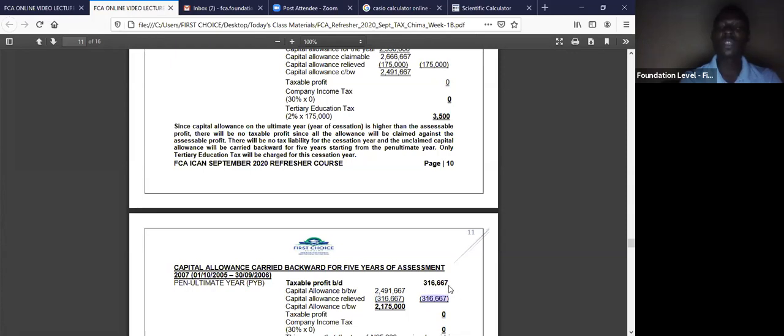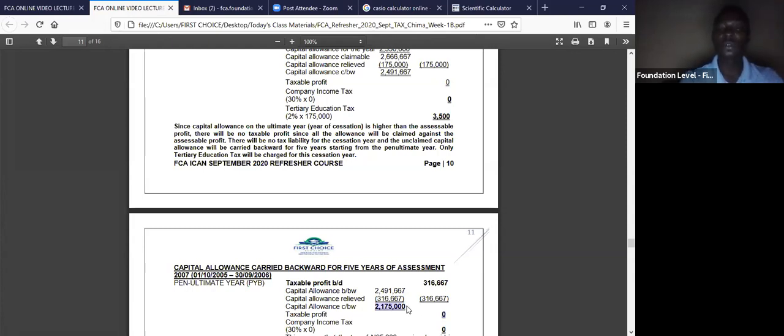The aim is to see whether taxable profit will be 0. If it is not 0, that means we've come to our bus stop. But if it is 0, it means we can still take capital allowance to the next year. So as long as here is 0, there's a possibility we'll go to the next year. But what determines whether we'll go to the next year is this place.